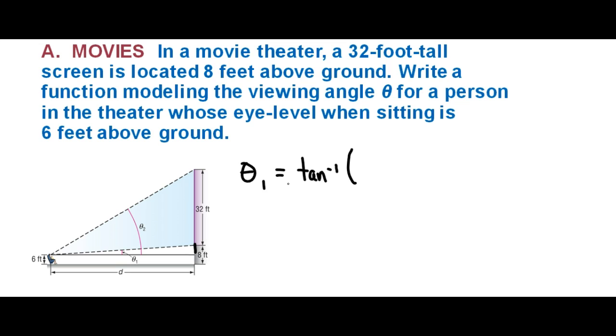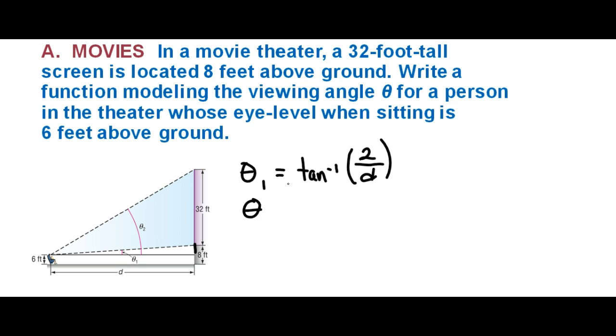So between the person's eyes and the bottom of the screen, the opposite side is 2, and then the adjacent side is what we're calling D, this distance from the person to this screen. Notice the viewing angle wouldn't change no matter where that person is seated.